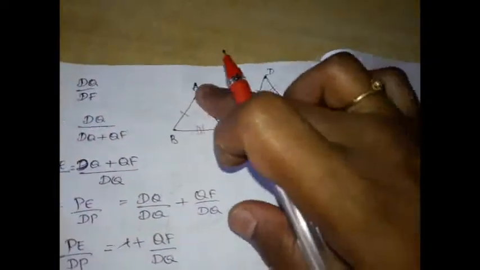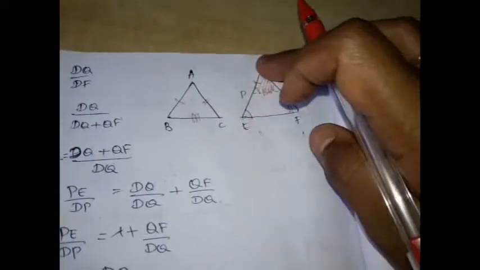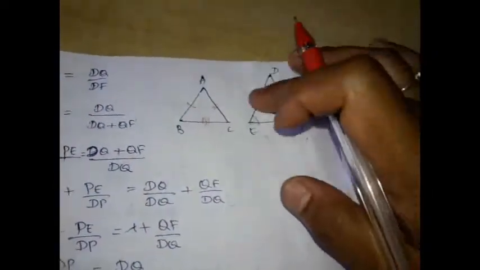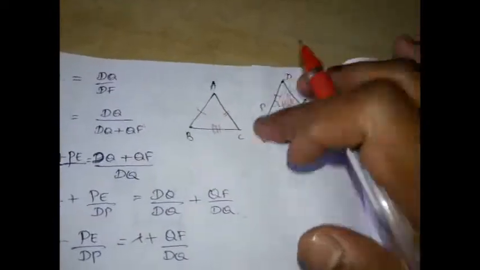Right? When it is congruent, its corresponding parts will become equal. Sorry, what we told: initially we told the smaller triangle is similar to the bigger triangle.